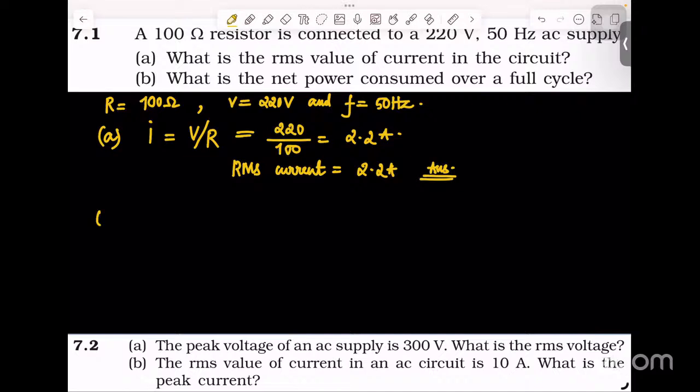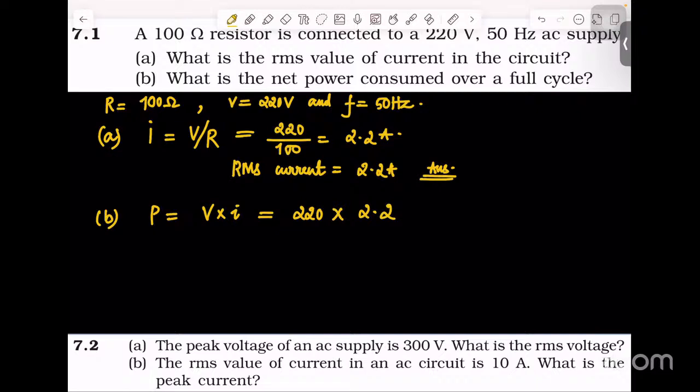Now for the second bit, what is the net power consumed, the total power consumed over one cycle? That also we can calculate by the conventional formula for power in current electricity, which is P equals V into I. Your voltage is 220 volts and your current is 2.2 amperes.